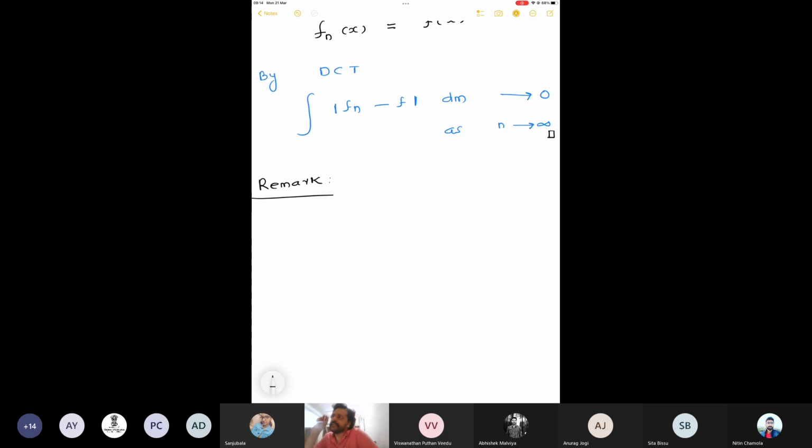Please recall that if you have a measurable function, and you are integrating over a set of measure 0, then what can you say about the integral value?